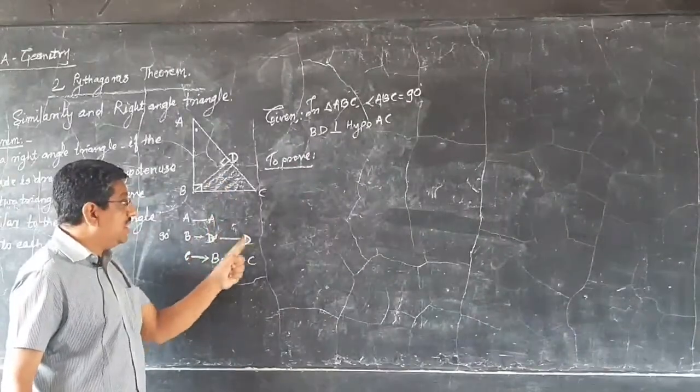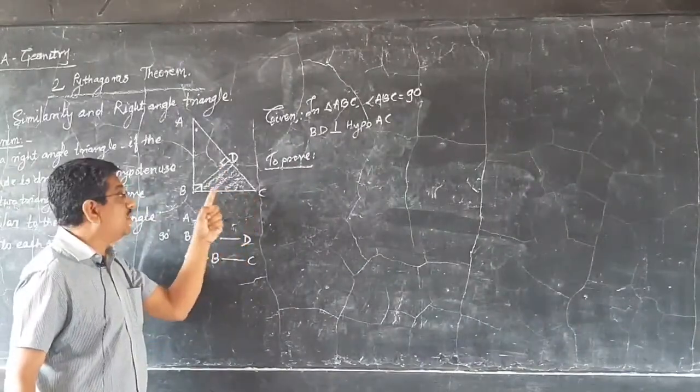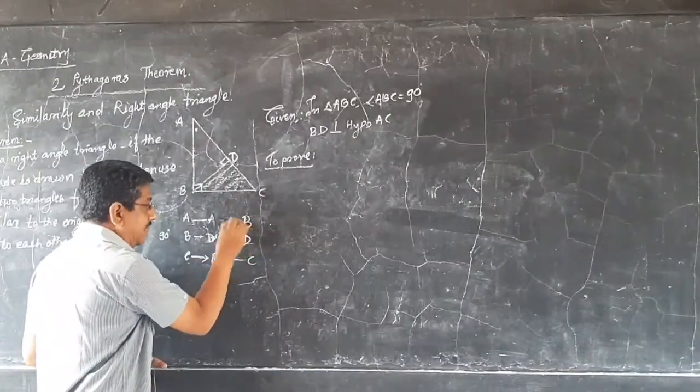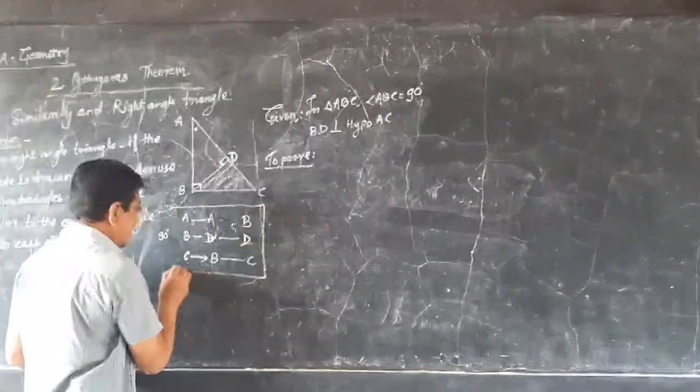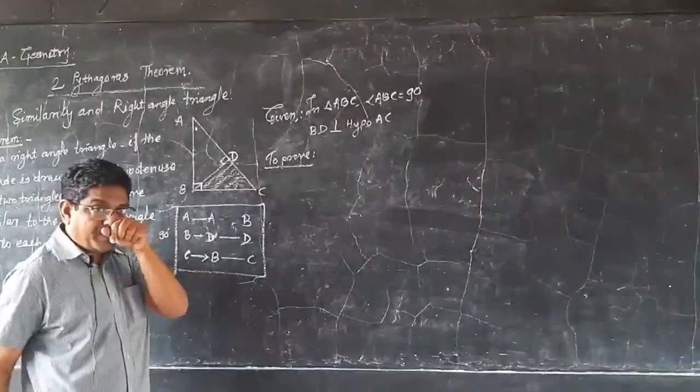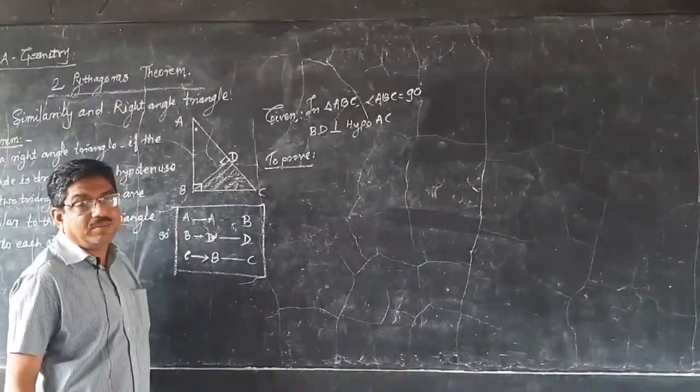We have taken D, we have taken C, now which remains? That is B, therefore here B. Remember this sequence. If you make a mistake here, you cannot prove. Your theorem will be wrong.